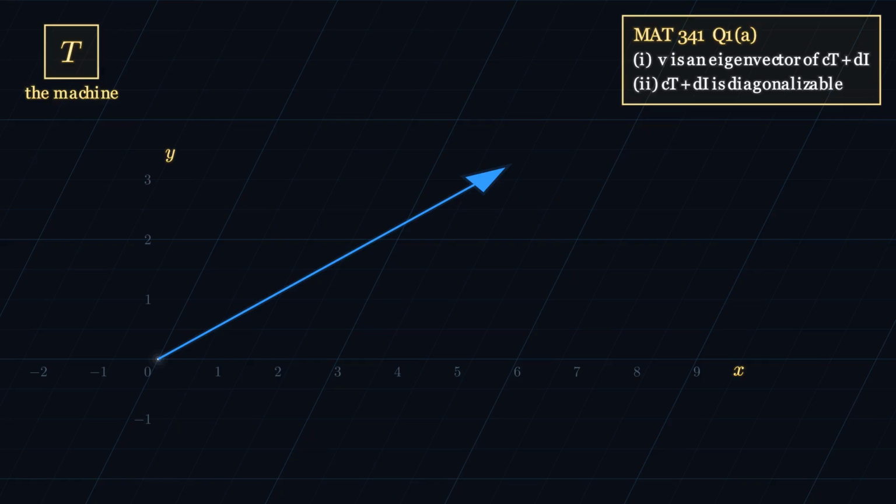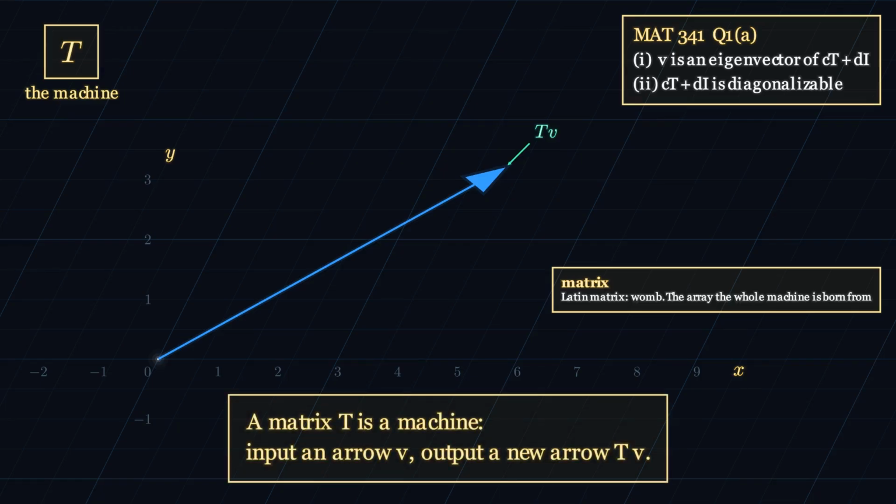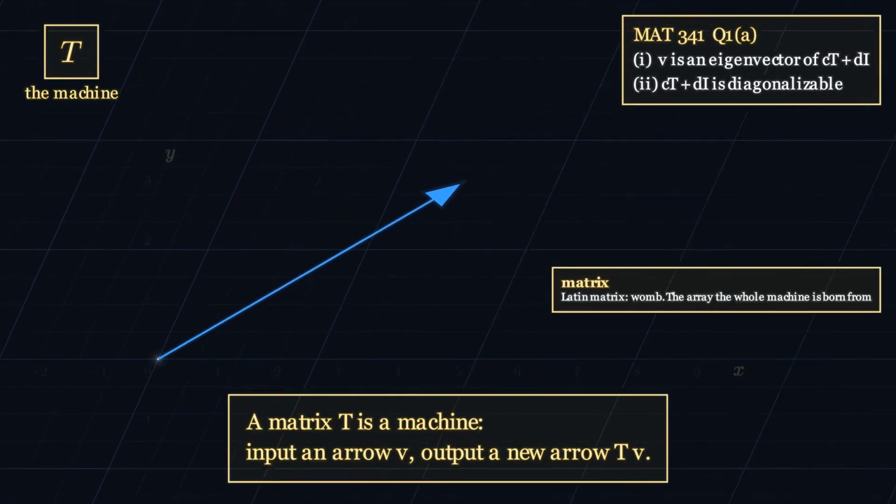When I write the letter T today, I mean that machine. The grid of numbers itself is called a matrix, Latin for womb, because the entire machine is born from those few numbers. Feeding the arrow V into T is written as T applied to V, and the output is itself a new arrow.